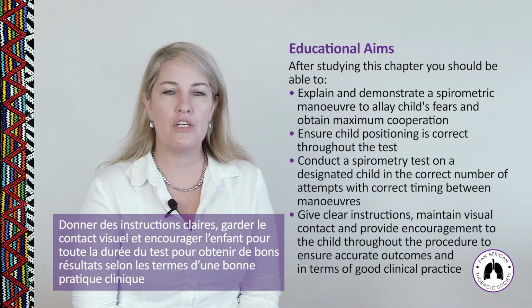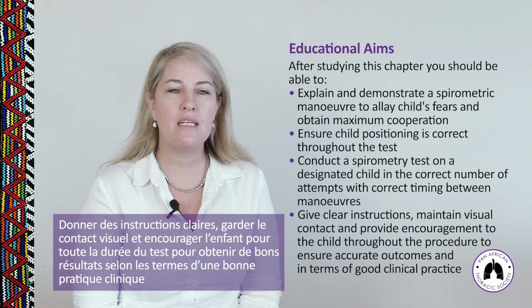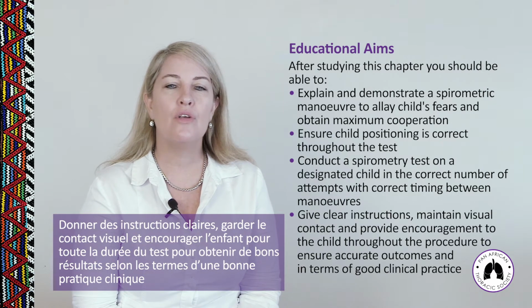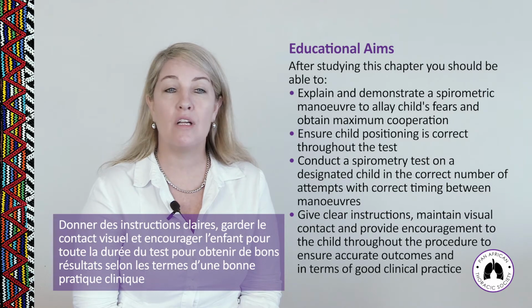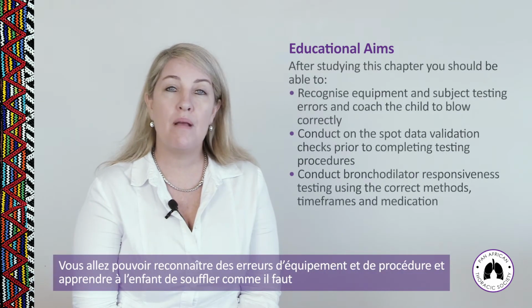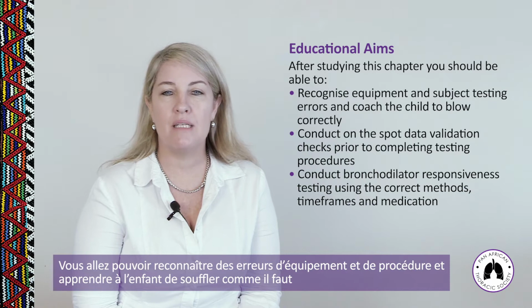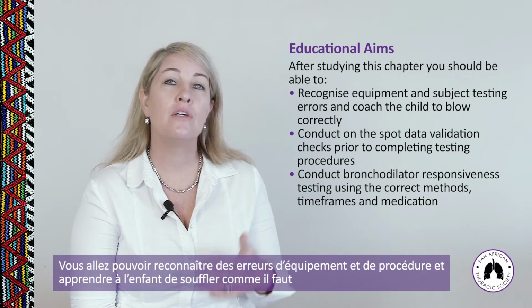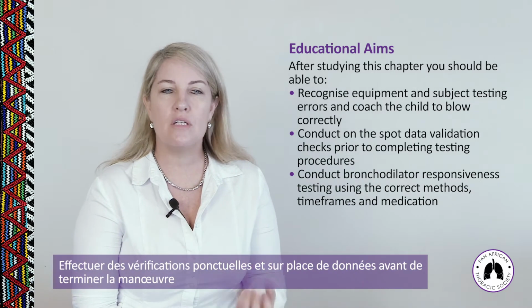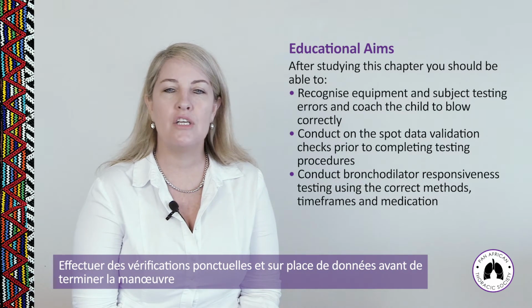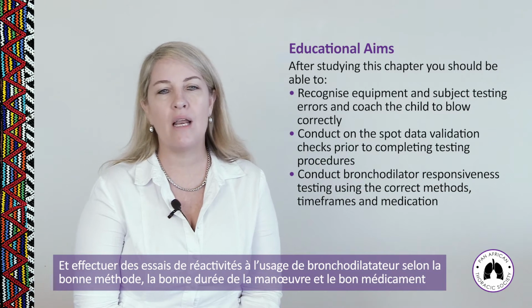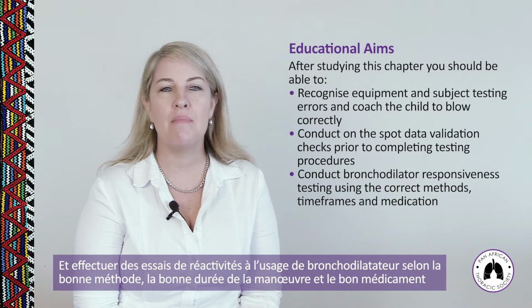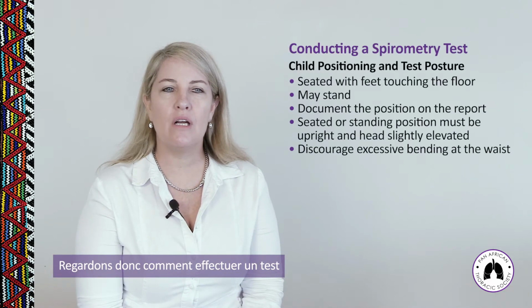Give clear instructions, maintain visual contact, and provide encouragement to the child throughout the procedure to ensure accurate outcomes and in terms of good clinical practice. You're going to be able to recognize equipment and subject testing errors and coach the child to blow correctly. Conduct on-the-spot data validation checks prior to completing test procedures, and conduct bronchodilator responsiveness testing using the correct methods, timeframes, and medication. So let's look at how to conduct the test.